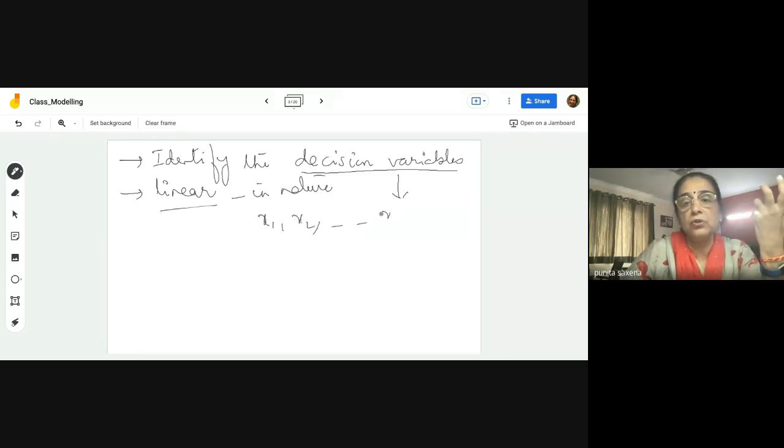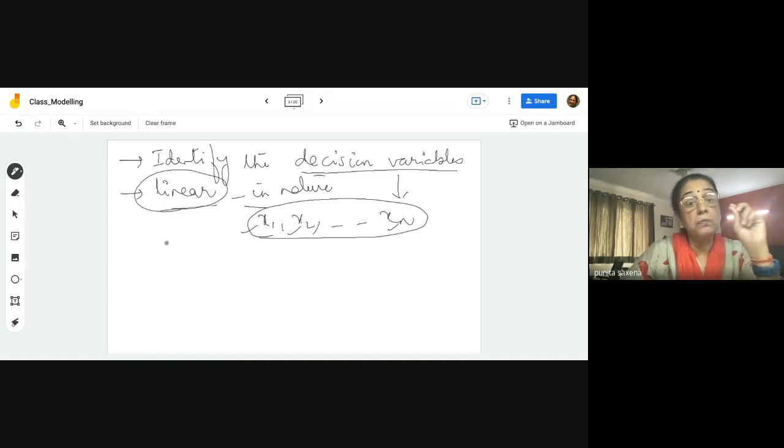These are going to be my decision variables. Because it's a linear programming problem, all the variables are going to be related to each other in a linear manner, both in the objective as well as in the constraints.